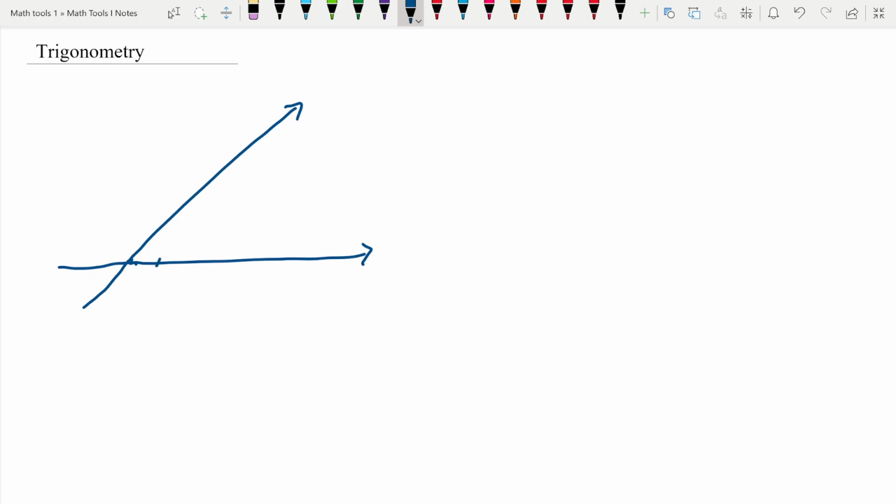The part that they form right here we call an angle, and we can measure that angle. The typical way that we measure angles is with degrees, so we would say how many degrees it is. Maybe this is 30 degrees. We could get out our protractors and actually measure it if we wanted to.